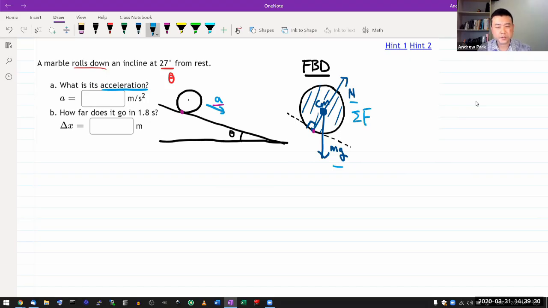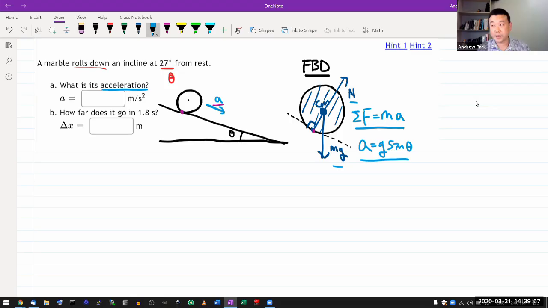Net force gives mass times acceleration, and as far as the forces I have drawn here, they seem like the same forces I have for a mass sliding down an incline. So why wouldn't my answer be g sine theta? Why is that not the correct answer?